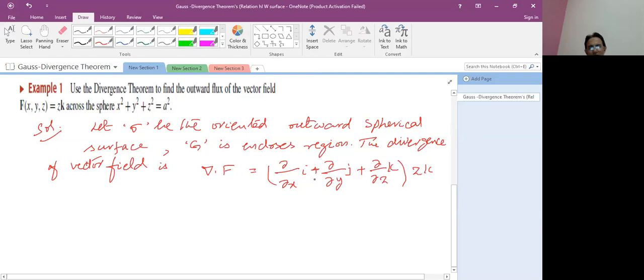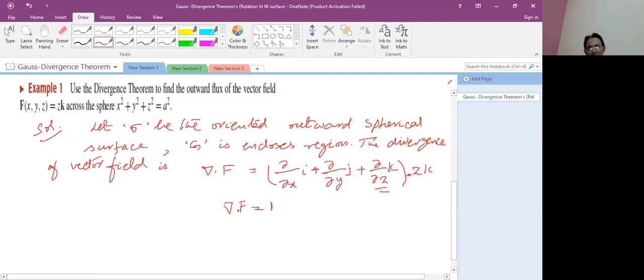So when we find the derivative with respect to z, dou z upon dou z is 1, and k dot k is 1. So the divergence of F is 1. But if you find dou z upon dou x it is 0, dou z upon dou y it is 0, and dou z upon dou z it is 1, and k dot k is 1.